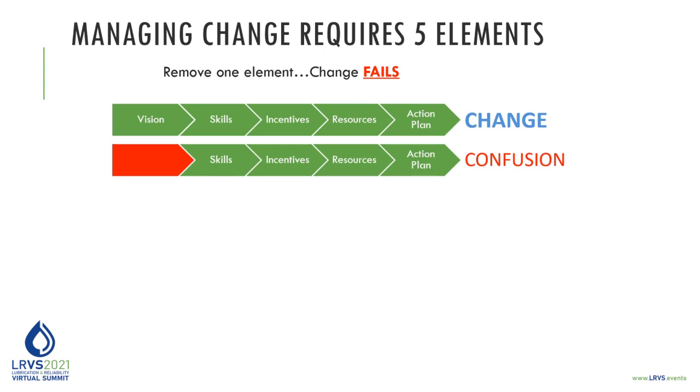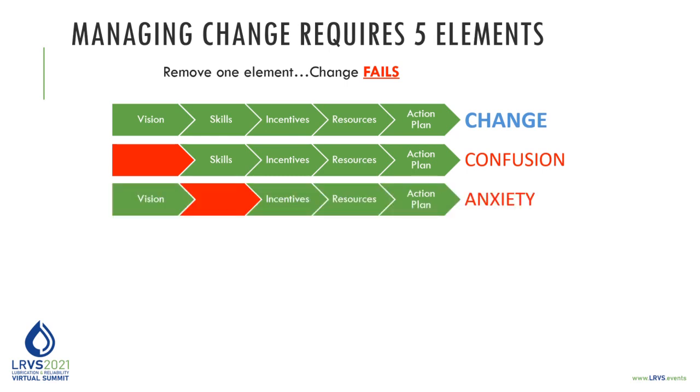For instance, remove the vision in your team, department, company. It's going to be confusion. Skills. You take out the skill set. That produces anxiety. Anxiety is really a function of being out of control. You have increased skills, you have more control over a situation, more confidence. You remove that, you become anxious.